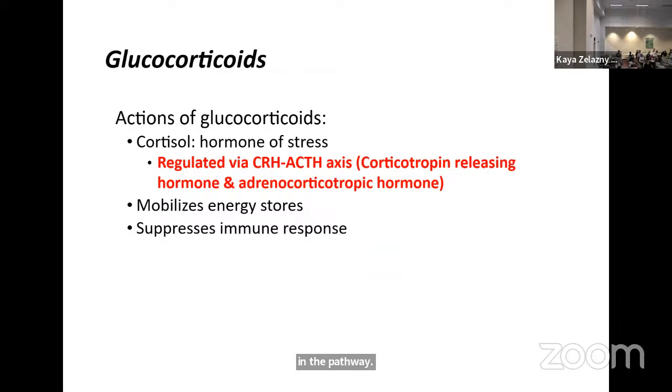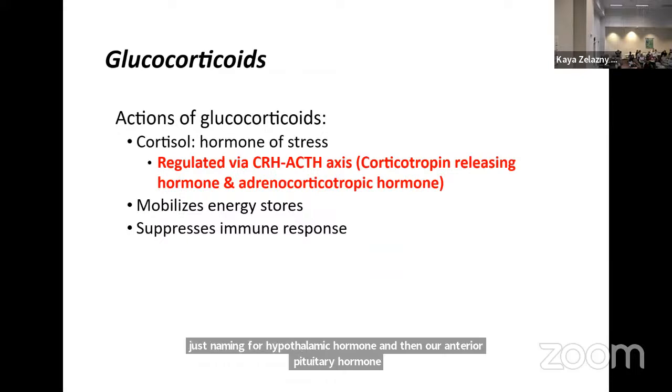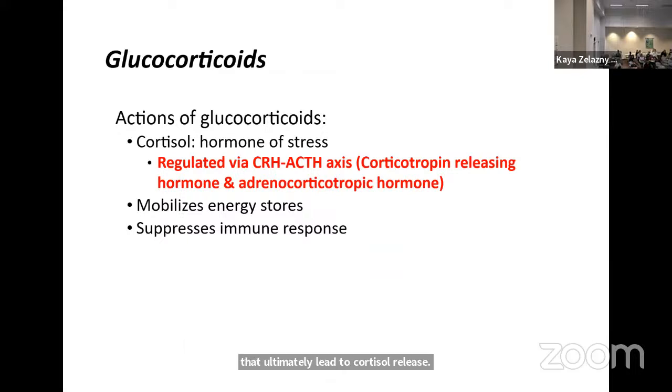That's just naming first our hypothalamic hormone and then our anterior pituitary hormone that ultimately lead to cortisol release. Okay. So its job is partially going to be to mobilize energy stores. Right? So we're going to be getting any energy that we've stored in the body, getting ready to break that down into ATP. That also has the effect of suppressing the immune response while it does this. It's kind of a side effect here of how it's acting.